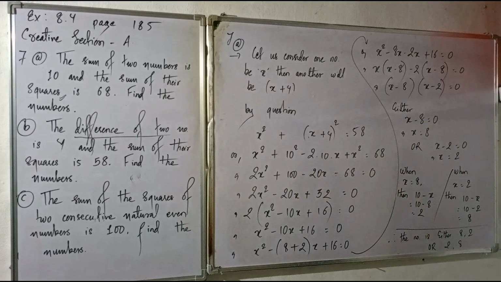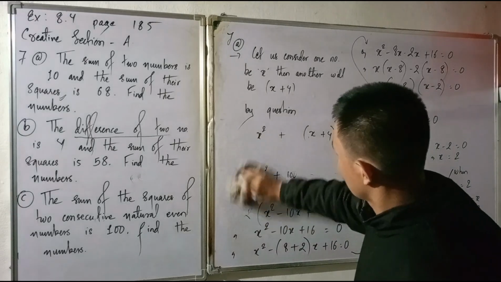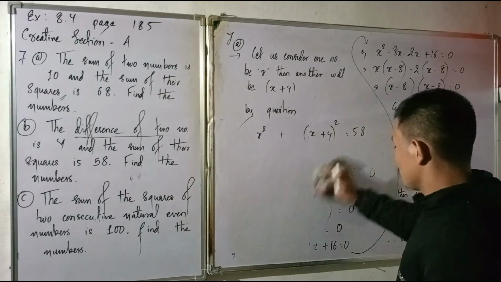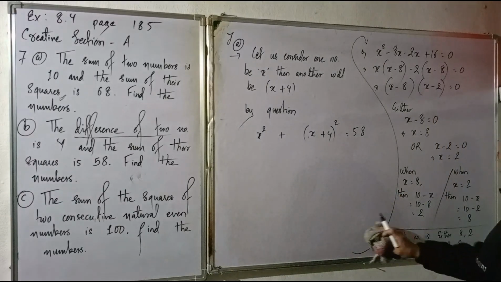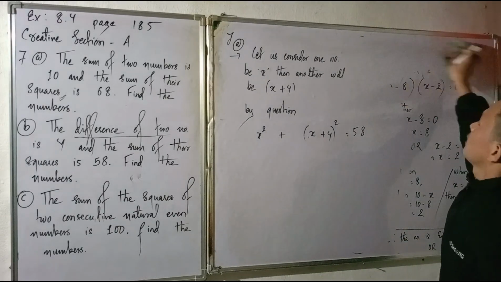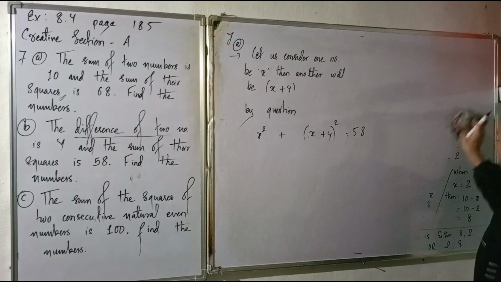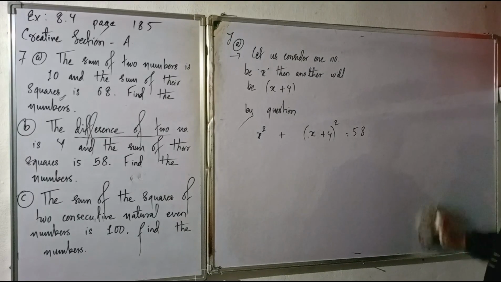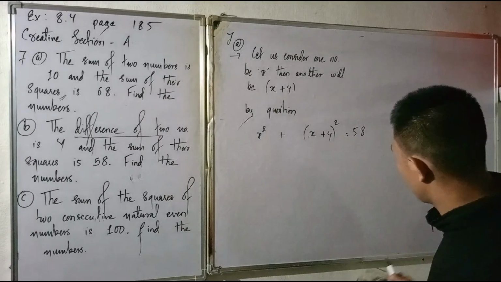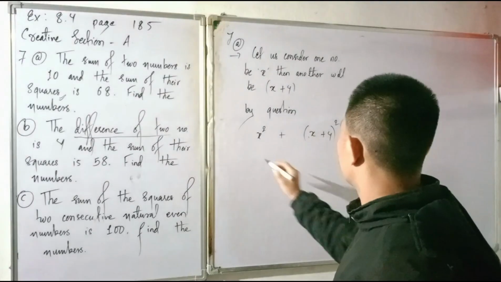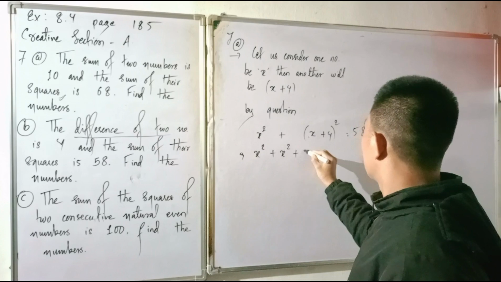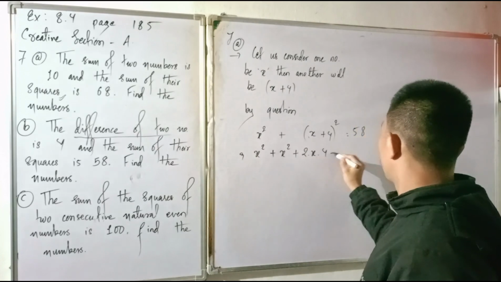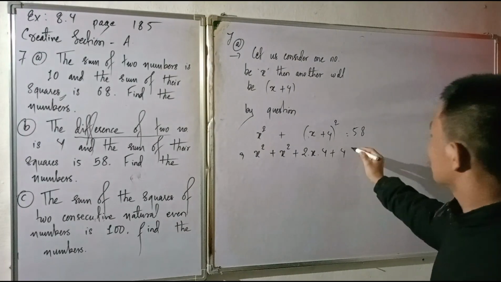Now you can simplify. It is just like the previous one, only slightly different. You can do it before me and check your answers. So x squared plus 2 times x times 4 plus 4 squared, that is 16.